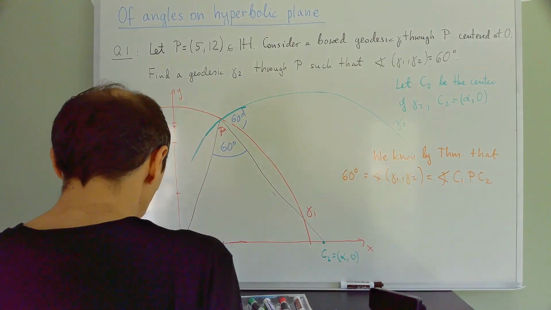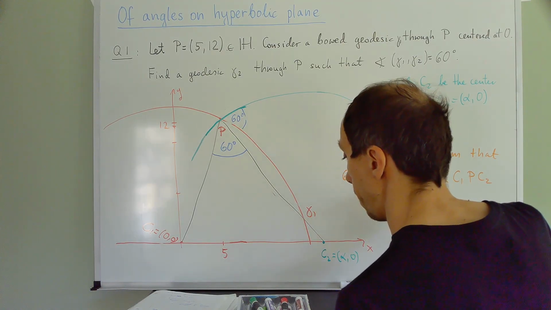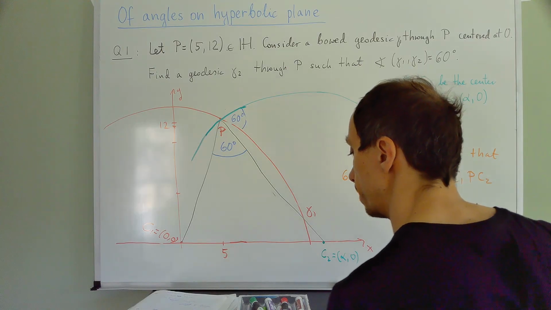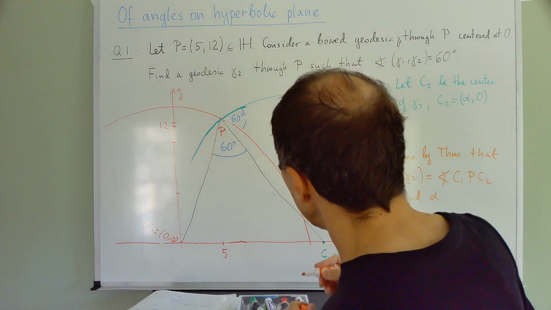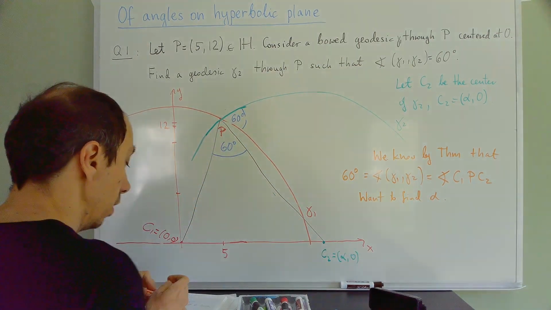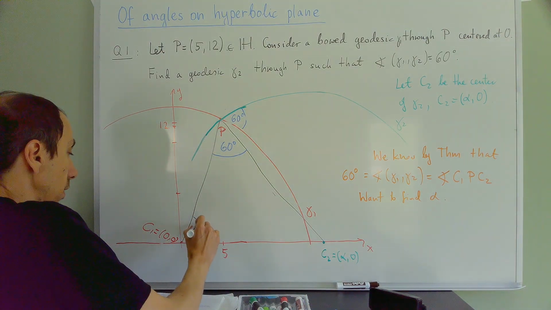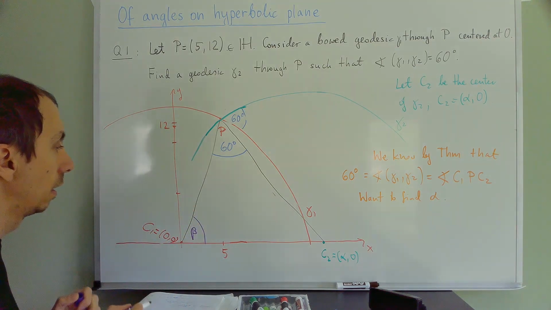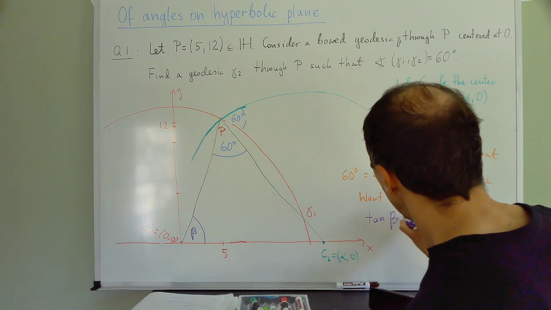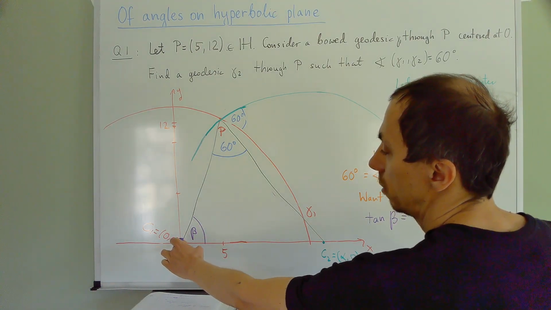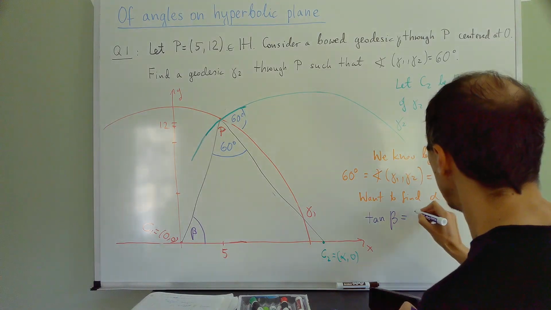So we're trying to find this point C2, so I want to find alpha. What else do I know? If I look at this angle here, which I denote in purple, let's call this angle beta. The tangent of beta, because the vertex here is at the origin, can be read off the coordinates of the point P. So it's 12 over 5.